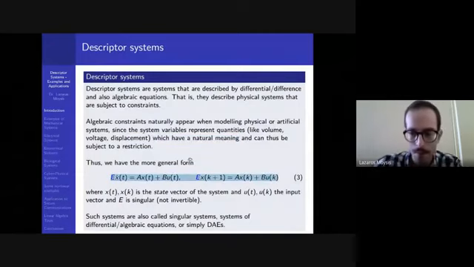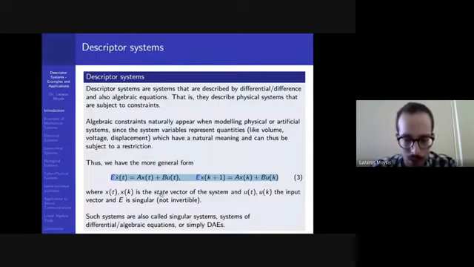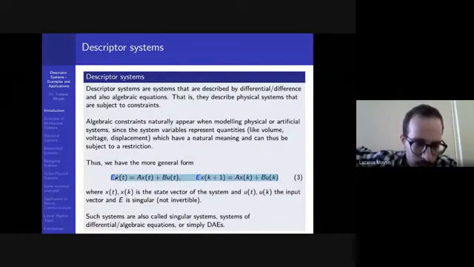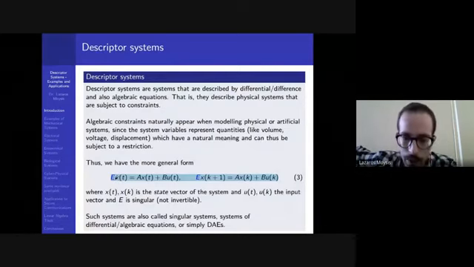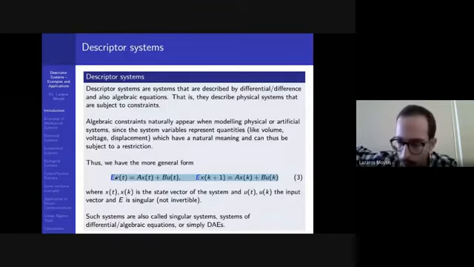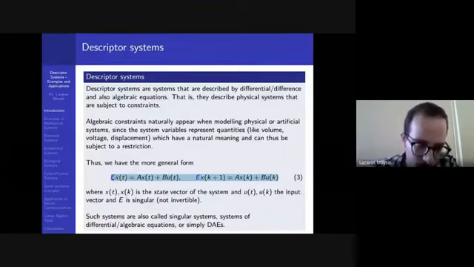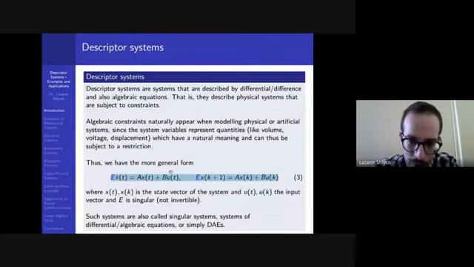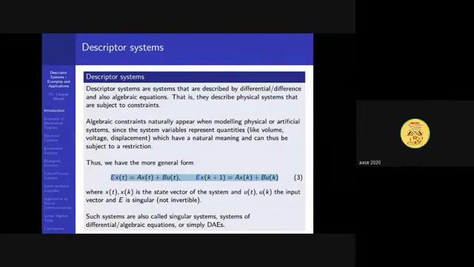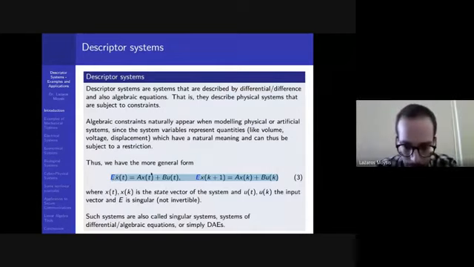As you can see, it's similar to state space systems, but the difference is this. The derivative here, x dot, is multiplied from the left by a matrix epsilon. And the matrix epsilon here, in general, we assume is non-invertible. Okay, so it's singular. Because clearly, guys, if the matrix was invertible, we would be back to the classic case. In this case, the matrix is non-invertible.